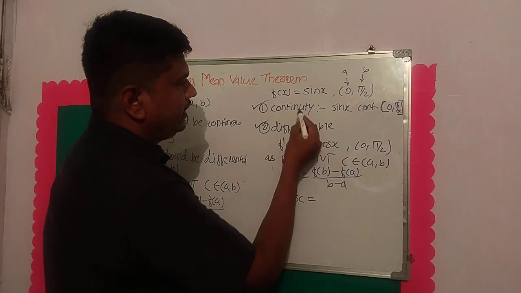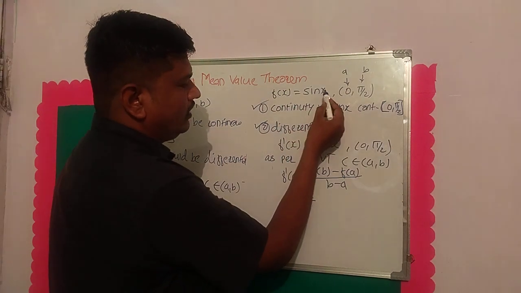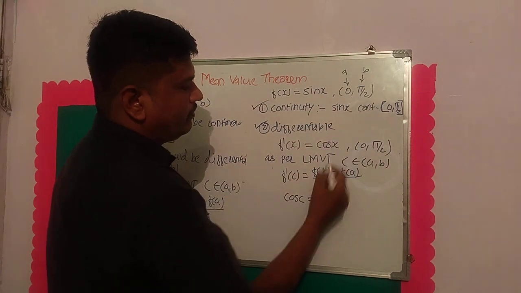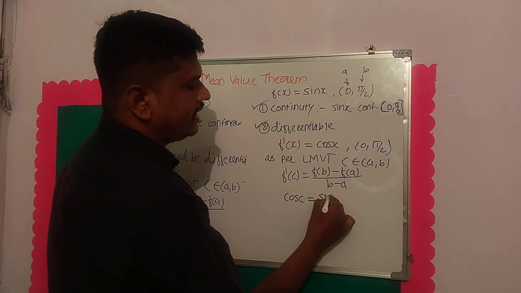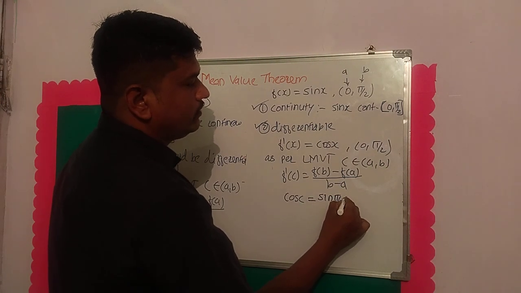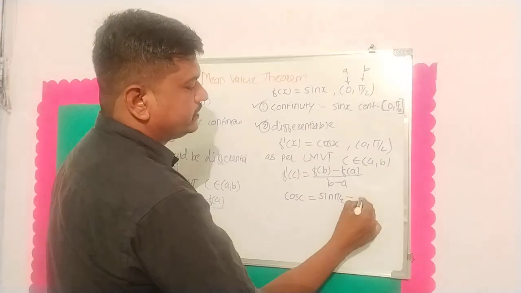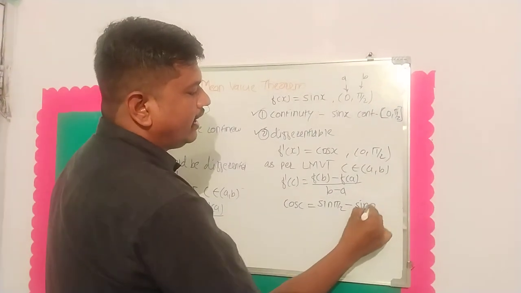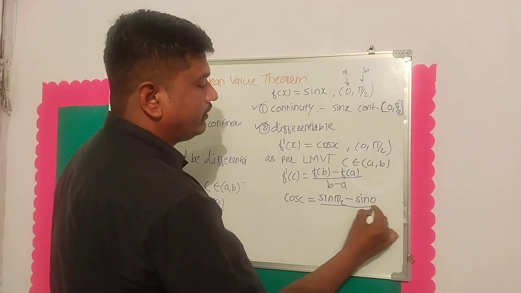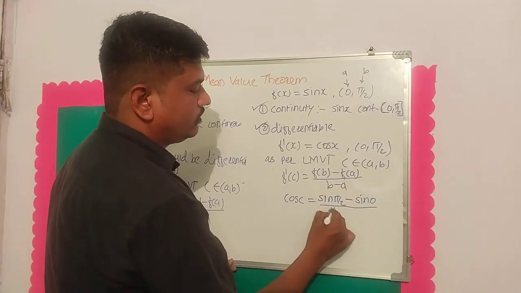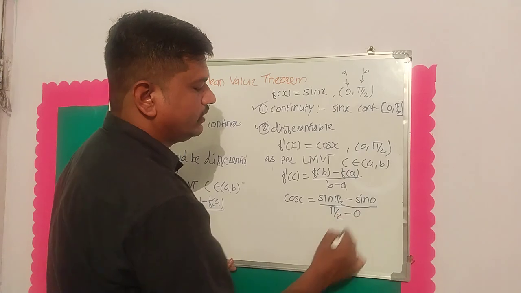So f of B will be sine of B, that means sine of pi by 2, minus f of A, which is sine of 0, and this whole thing is divided by B minus A, so it is pi by 2 minus 0.